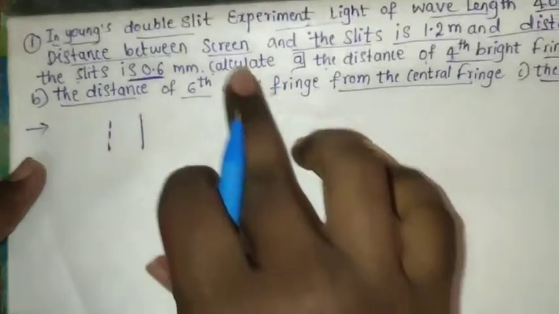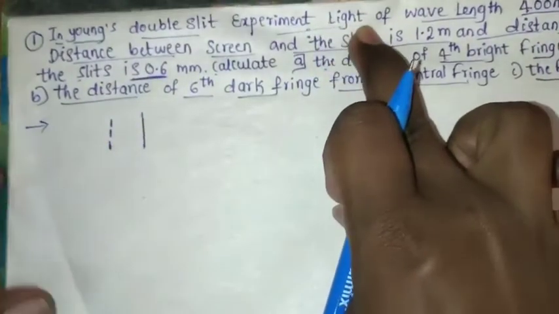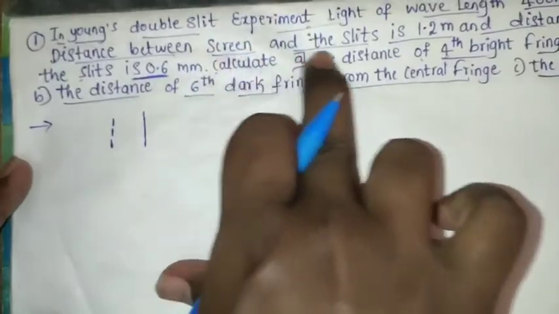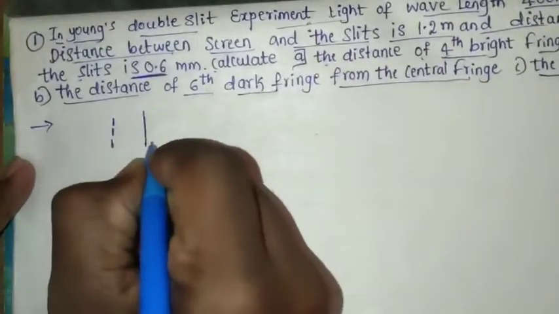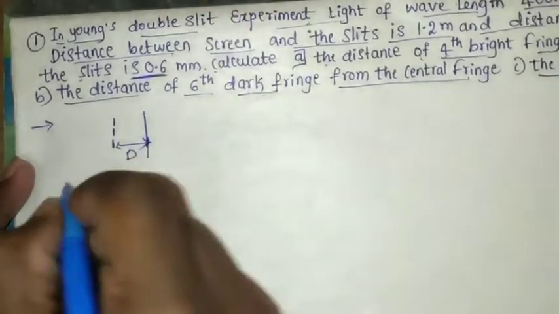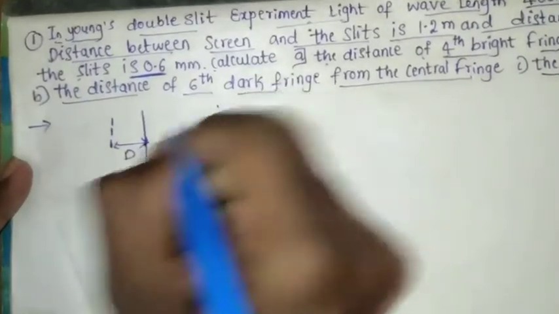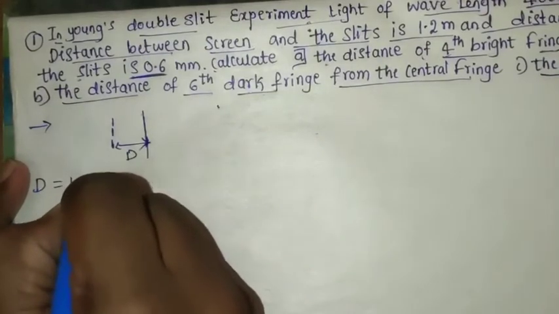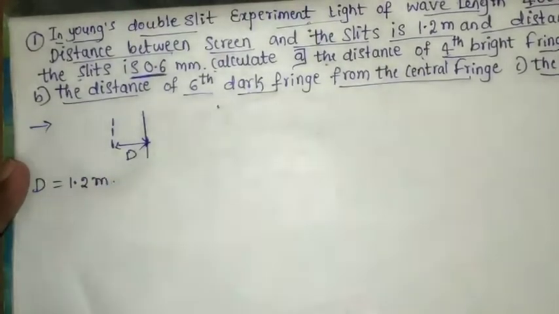They have given, in Young's double slit experiment, light of wavelength 400 nanometer, and the distance between screen and slit is capital D equals 1.2 meter.